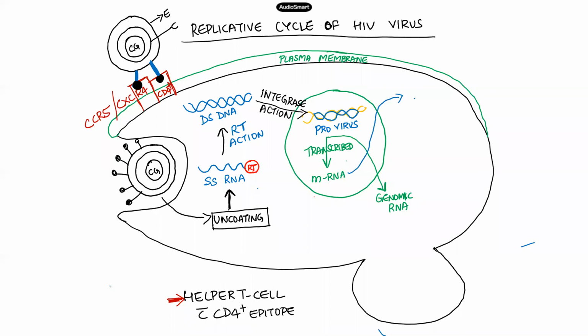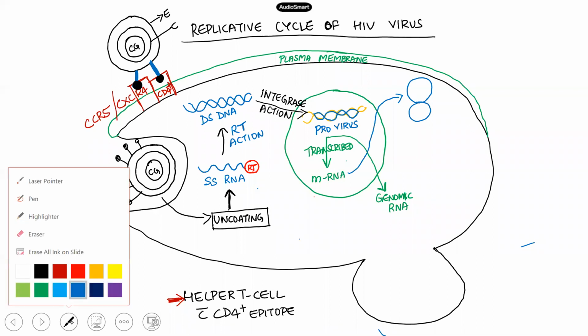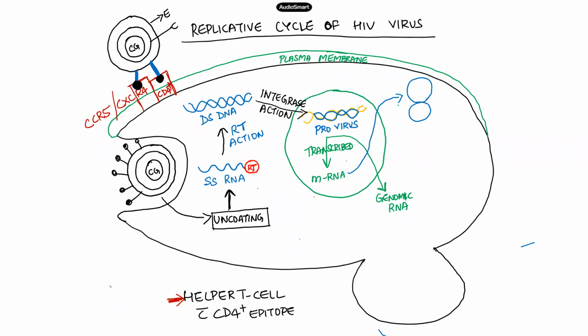As discussed in the earlier chapter, we have got ribosomes, and this mRNA now undergoes translation. And when the process of translation is done, the resultant compounds we get are your viral proteins.